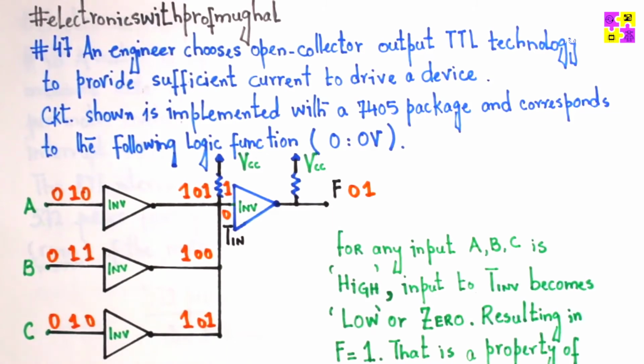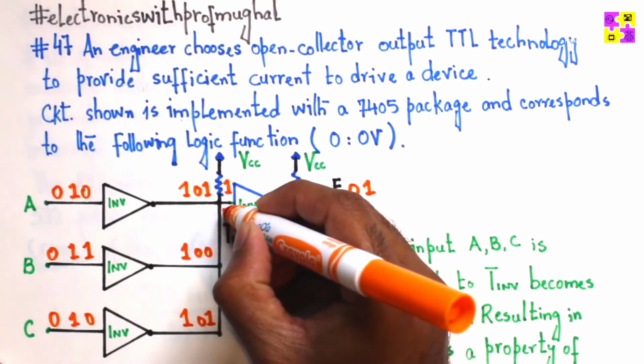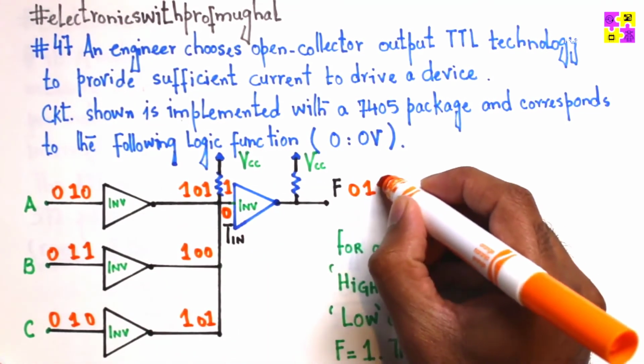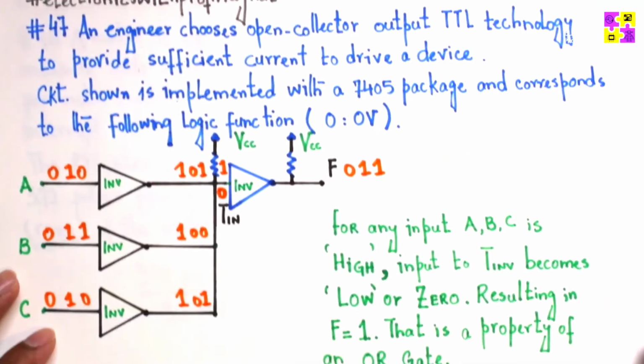And again, this is like shorting together voltage sources of unequal magnitude. It's not desirable, and it's going to simply have 0 here, and it gets inverted, and therefore you get 1.